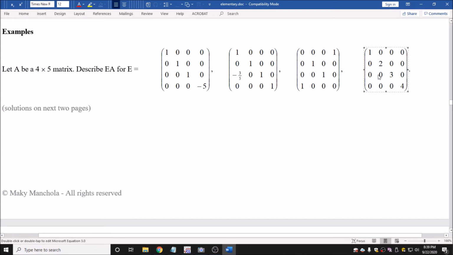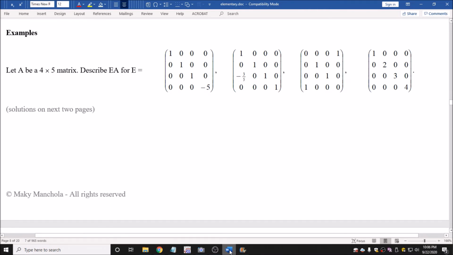Finally, for E obtained by multiplying the second row of I by 2, the third row of I by 3, and the fourth row of I by 4, EA is going to be the 4x5 matrix where its second row is obtained by multiplying the second row of A by 2. The third row is obtained by multiplying the third row of A by 3. And the fourth row is obtained by multiplying the fourth row of A by 4.